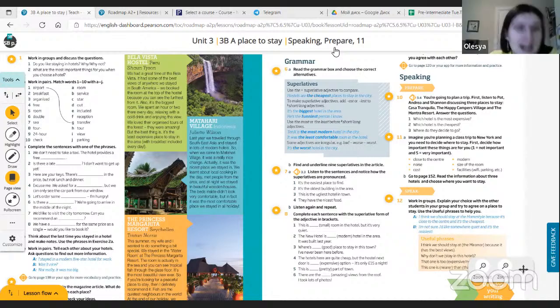Okay. Next hotel, if we can choose, I think we should stay at Mata Hari village, because it may be interesting for the traditional.